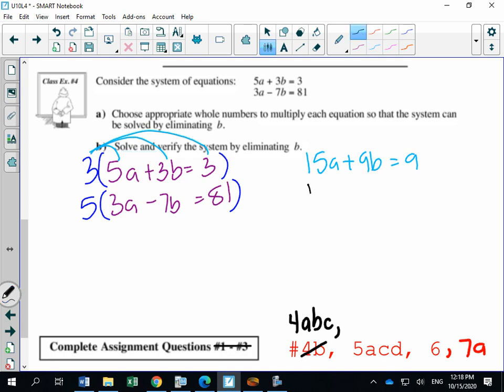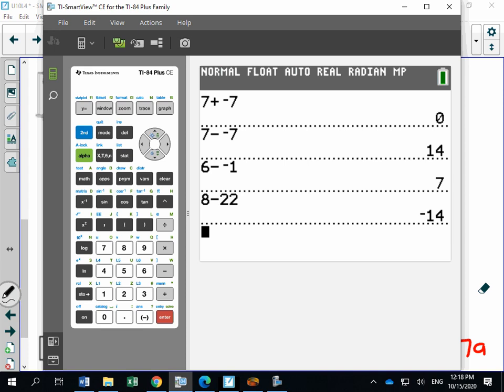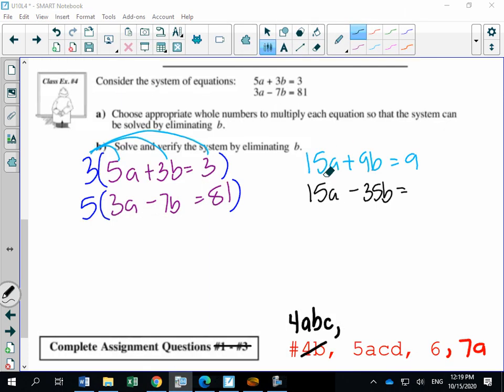Then we'd get 15a minus, what is 5 times 7? 35b is equal to, yeah, so 81 times 5. I'm going to want that on my calculator because we're going to, oopsie, not negative. So 81 times 5, 405. Is that what you got, Hermes? Okay. So this should be 405.